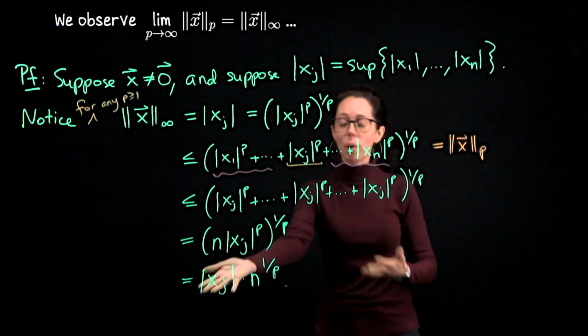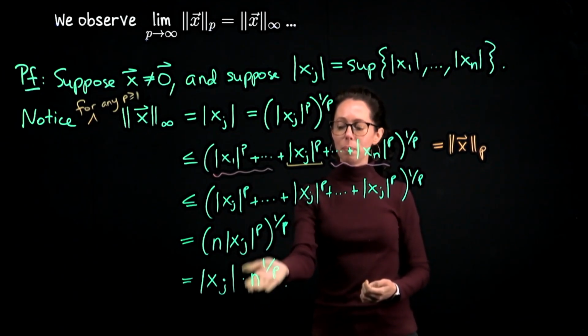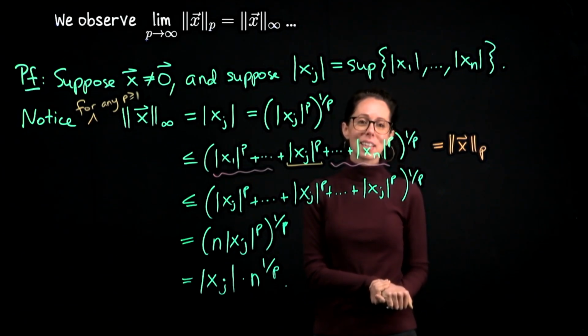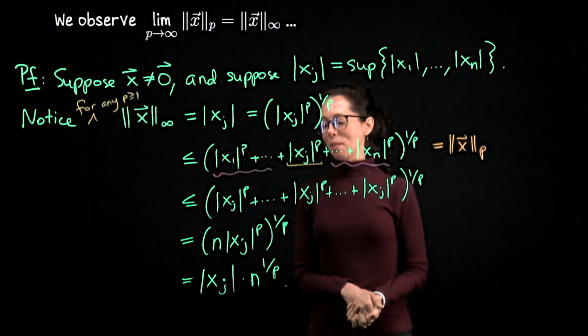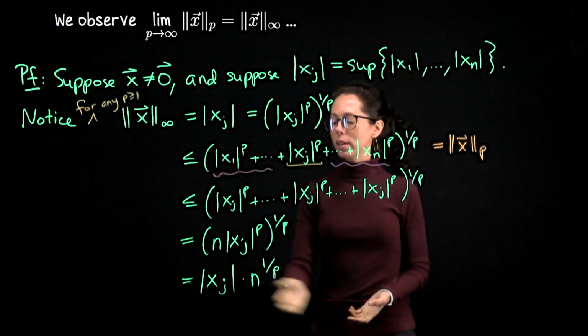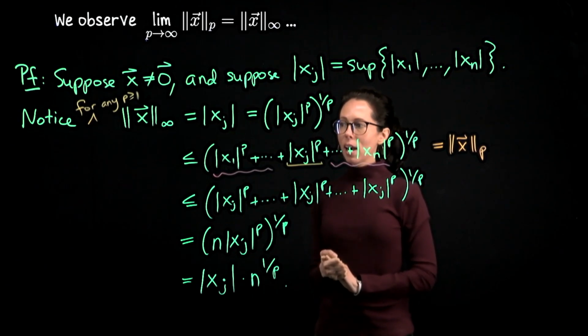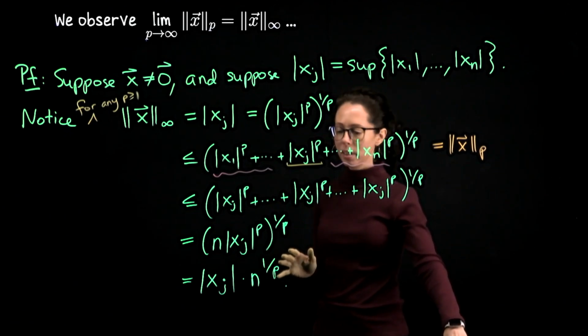And that's exactly what we're looking at, except here, instead of the square root, we have n to the 1 over p, because p is not necessarily 2. But it's the exact same statement and same computation. The bound b was a bound on all the coordinates, but notice the size of x sub j bounds all of the coordinates.